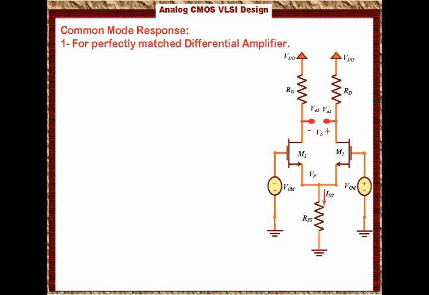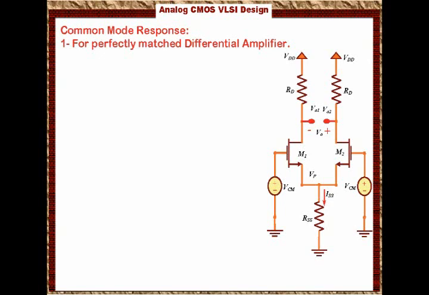You have to keep in mind that this circuit is perfectly matched, which means that the voltages at the drains are the same, the voltages at the sources are the same, and the voltages at the gates are the same. Then we can combine these two transistors into one transistor, because every node in the two transistors has the same voltage. Then we will have an equivalent half circuit for the common mode.